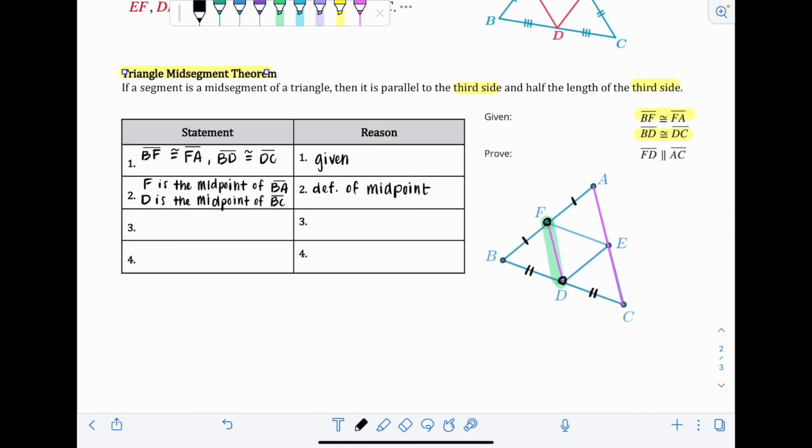Okay, so for number 3, we would say FD is a mid-segment of triangle ABC.